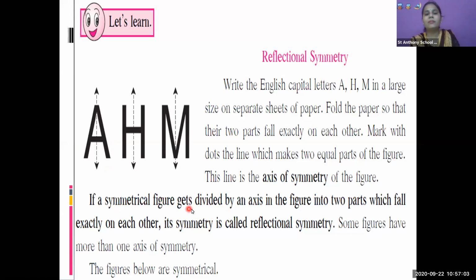If a symmetrical figure gets divided by an axis in the figure into two parts which fall exactly on each other, its symmetry is called reflectional symmetry. This is a very important definition.